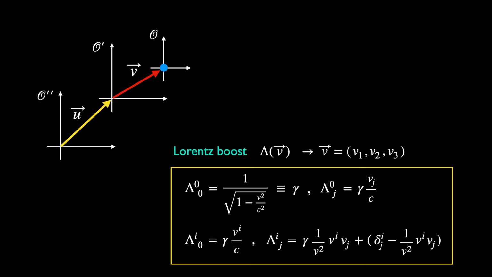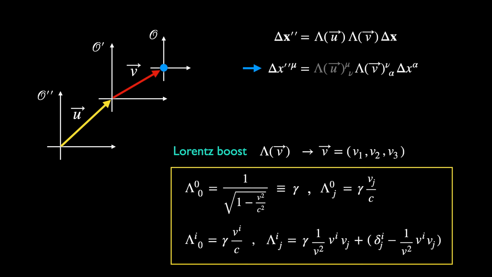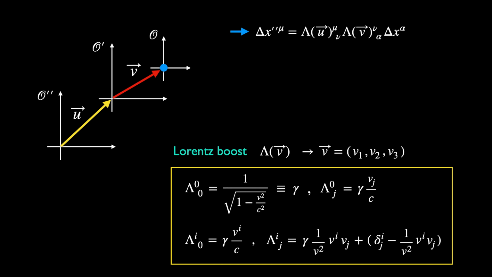Let's look at the Lorentz boost from O to O prime. And from O prime to O double prime. In components form. Now we focus on a point which is stationary relative to O. This is the reference point that moves with O relative to O prime at the velocity v.